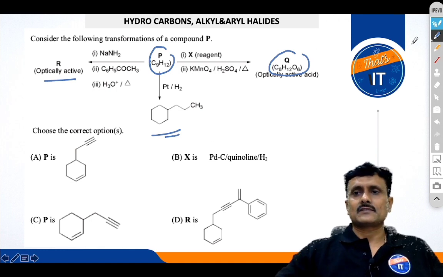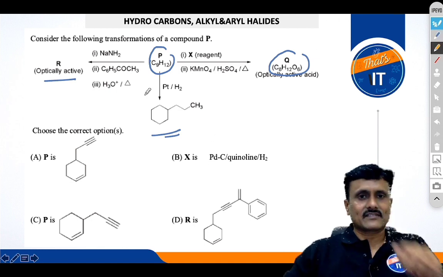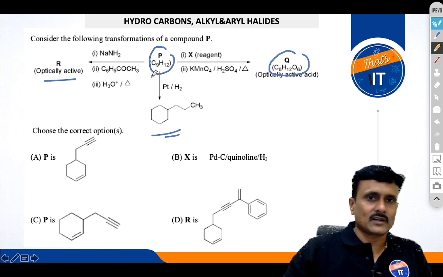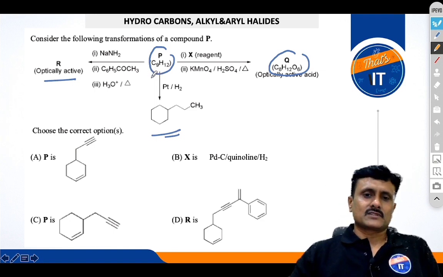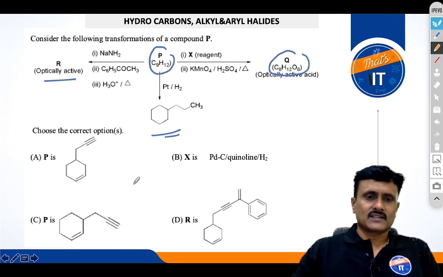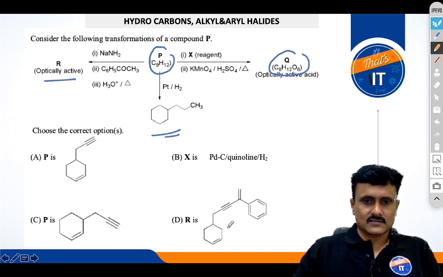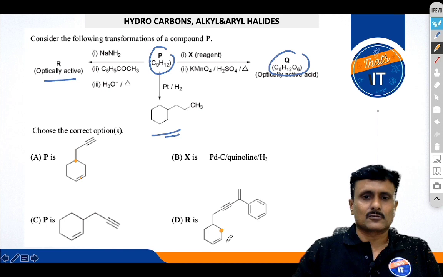We will take the substance and treat it with NaNH2. That means the triple bond is present at the terminal position, isn't it? And you can see the option would clearly suggest that if R is this, then the double bond and the corresponding linkage are separated by one methylene group.